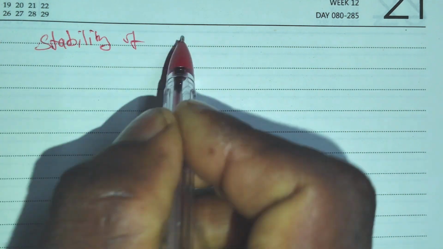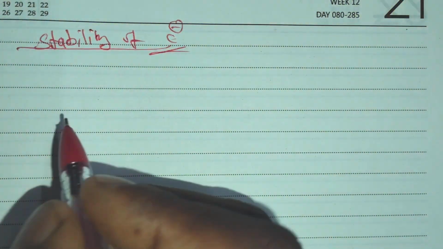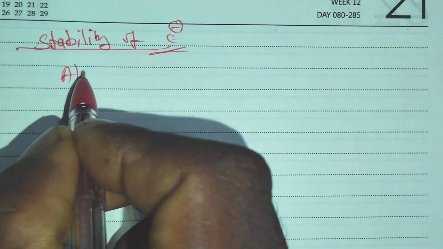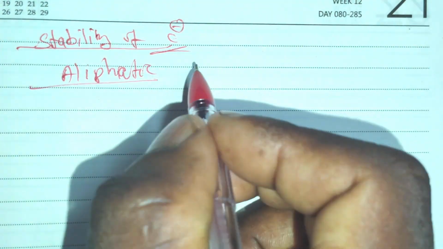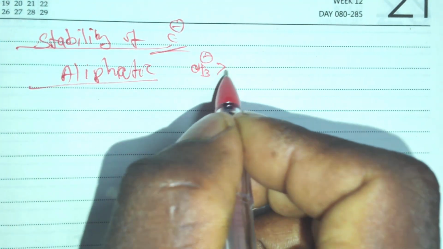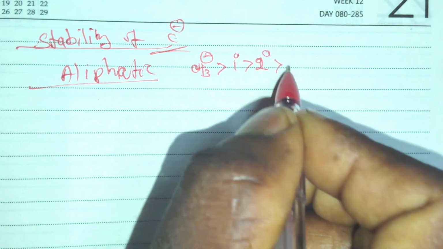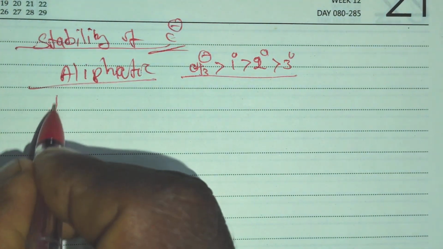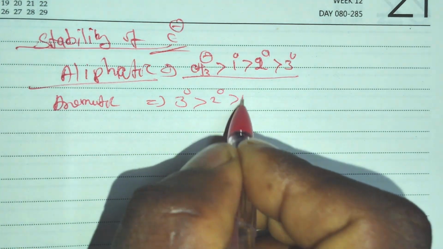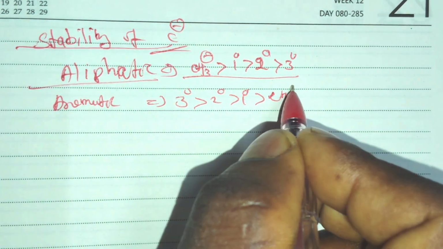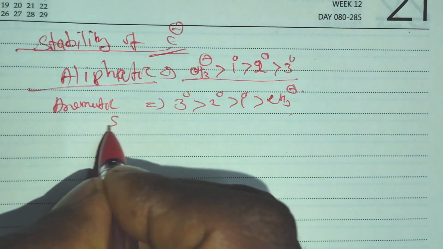Actually, regarding the stability of the carbanion, in generally for aliphatic nature the methyl anion is more stable, then primary, secondary, tertiary. This is the order. But in the case of an aromatic substituent, tertiary, secondary, primary, methyl anion is the stability order.